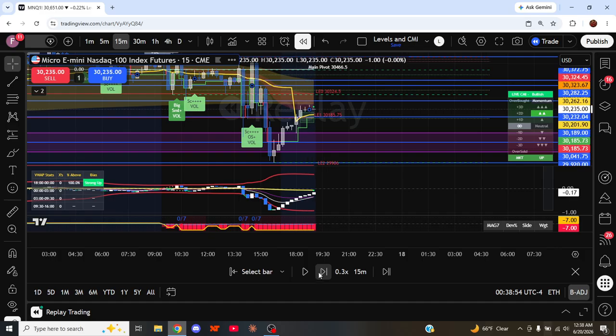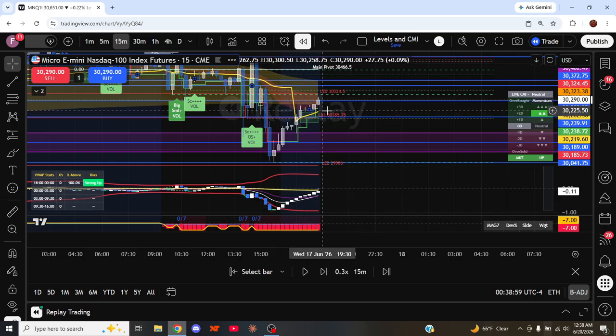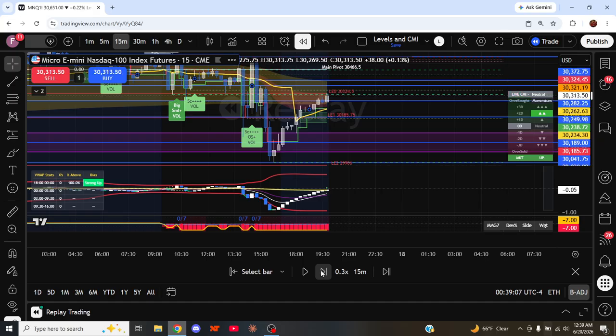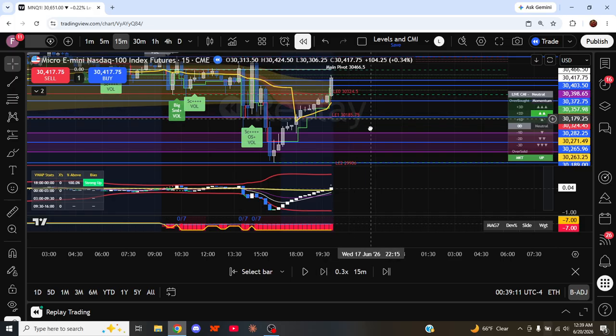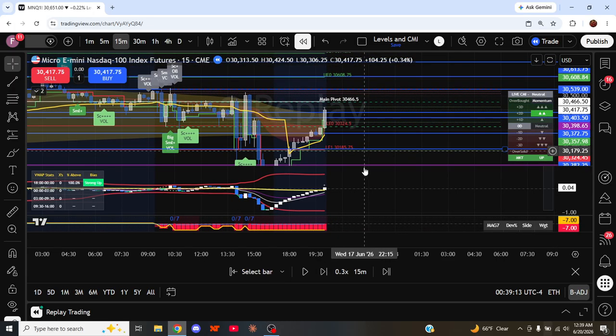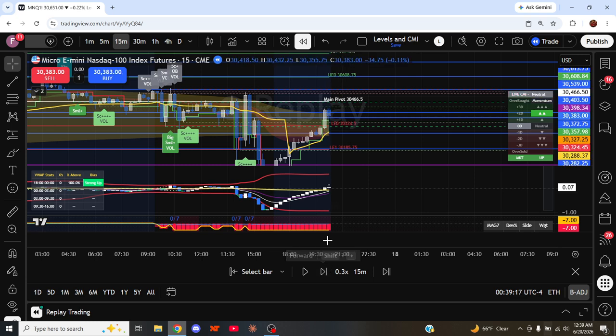Okay, Asia's open. Well, not Asia, but alright. Looks like we are just climbing up. We are above VWAP. Coming into a level, so we're gonna wait. Boom, busted right through. Holy moly. Ended. Alright, there we go. Now we're touching the trend line.